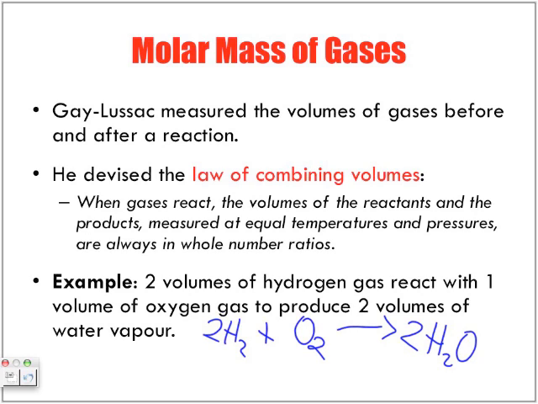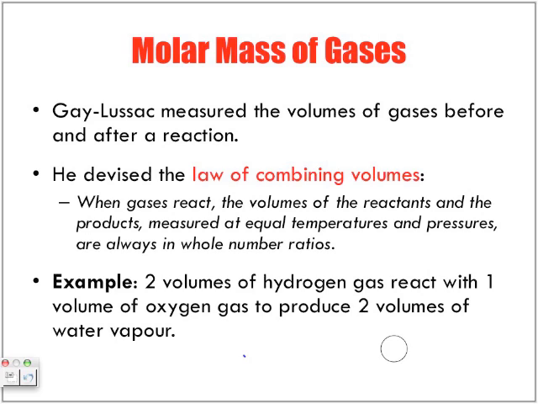So these coefficients, which represent the number of moles or the number of molecules in this equation, also correspond with the volumes of their gases. You can see how this is ultimately going to lead into gas stoichiometry.